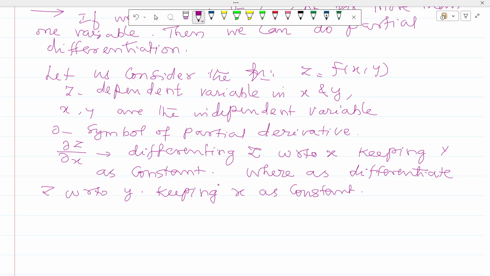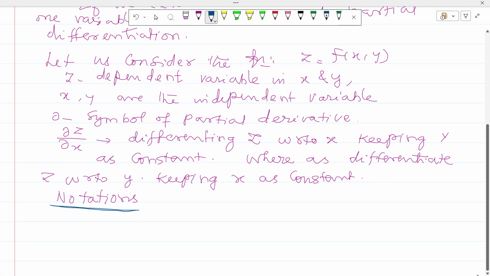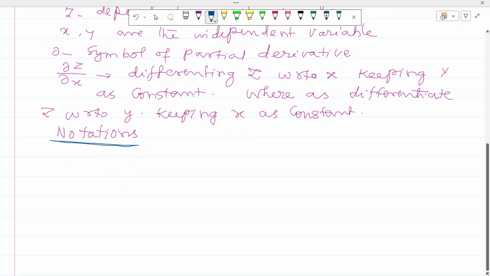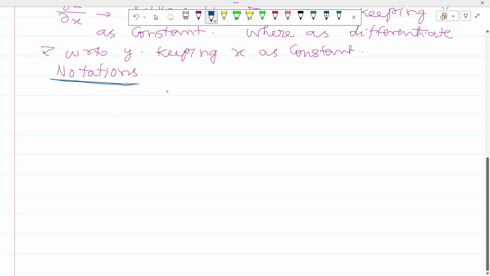So what are the important notations? First we can keep what is the function. Let z equal to f of x comma y be the function. Then what are the first order partial derivatives?